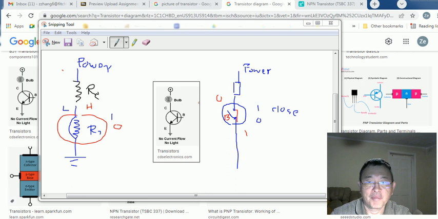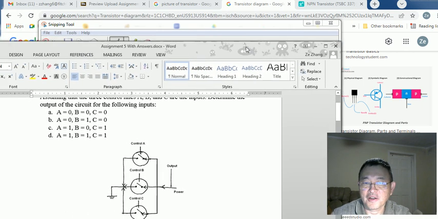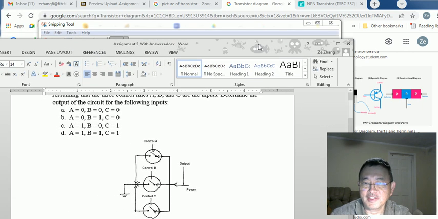Back to our question, we ignore the electrical engineering details. What we have here is control. In fact, we missed one part. The power should not be here; there should be another resistor here. But in any case, if this is 1, it will be closed, and then current goes over here.